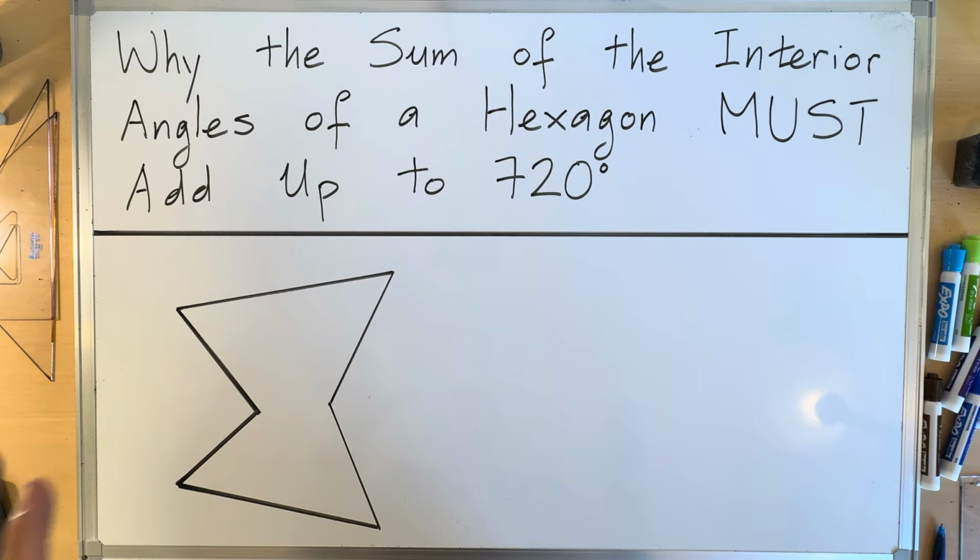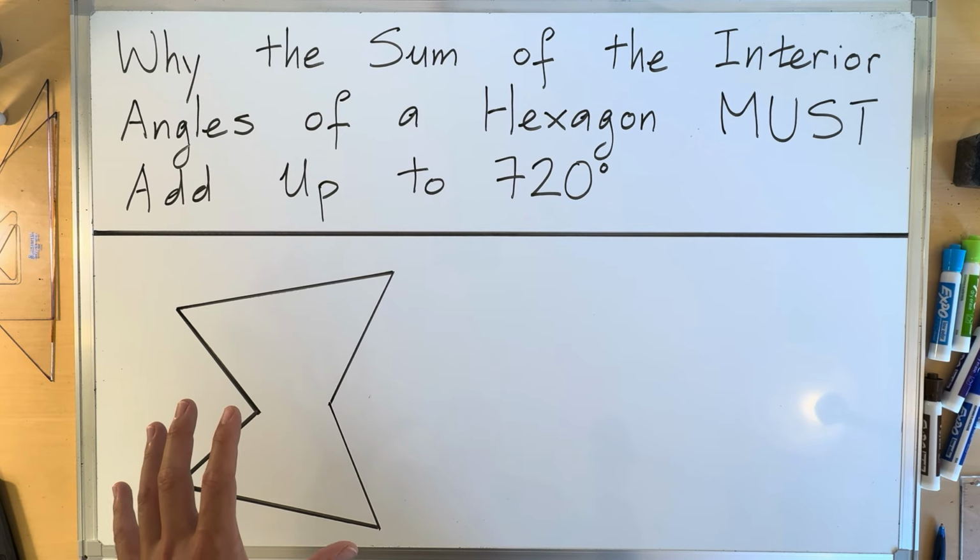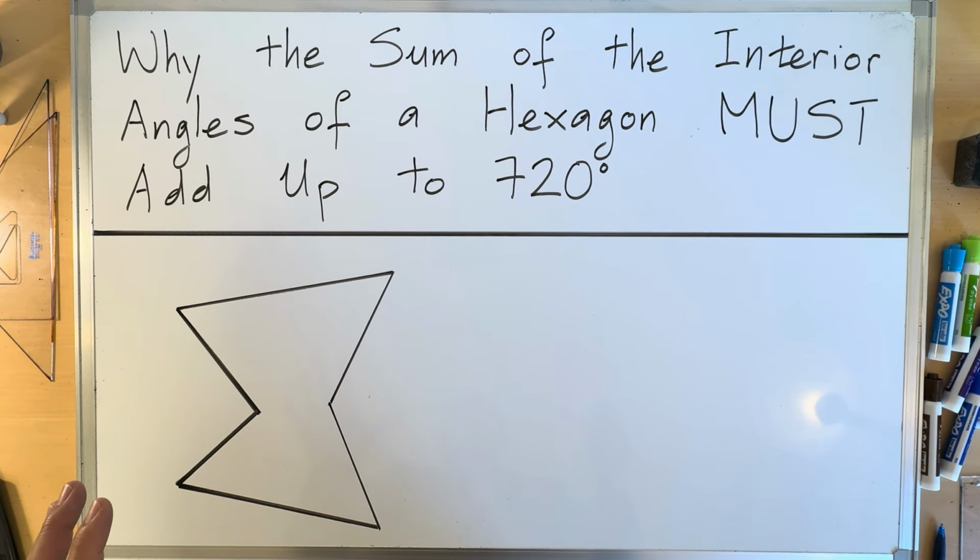So that's why I'm going to use this to demonstrate to you why the interior angles of all hexagons, regardless of whether they are regular or irregular, and regardless of whether they are concave or convex, all have to add up to 720 degrees. So let's get started.